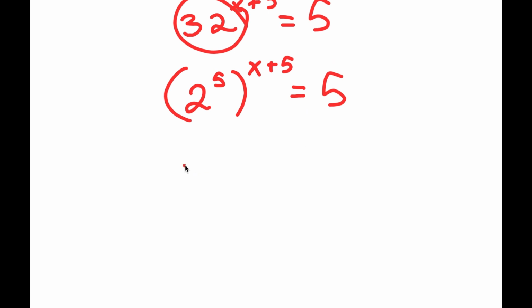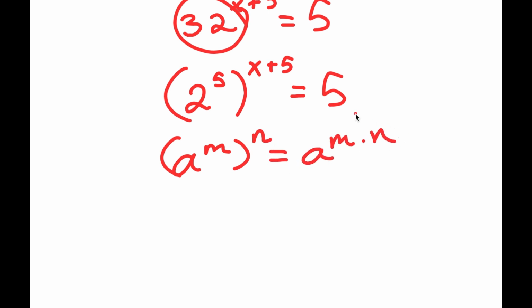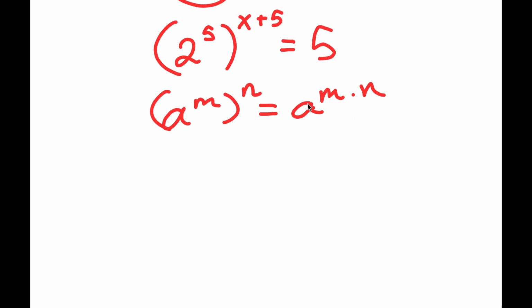And if I have something in the form a to the power of m to the power of n, this is going to equal a to the power of m times n. So 2 to the power of 5 to the power of x plus 5, that's going to equal 2 to the power of 5 times x plus 5. And this is equal to 5.